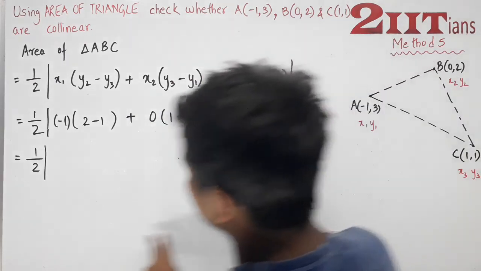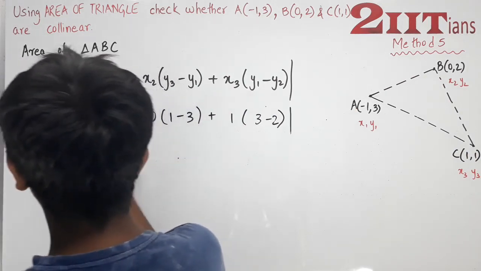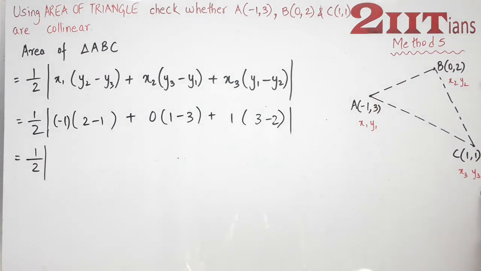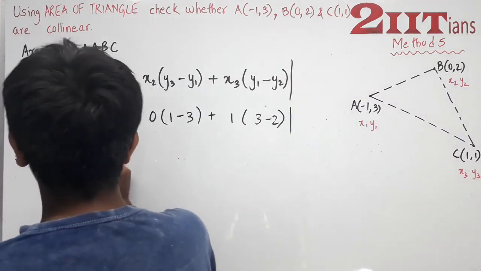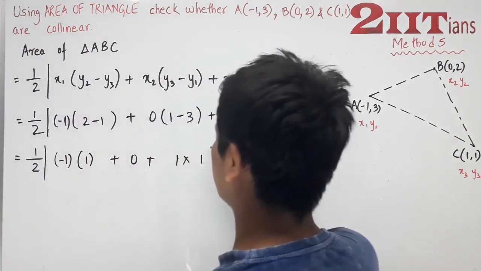This time we are doing it in the right direction. 2 minus 1 is 1 again. y2 minus y3, 2 minus 1. So we will write everything right here. Minus 1 multiplied by 1, 0, 1 multiplied by 1.